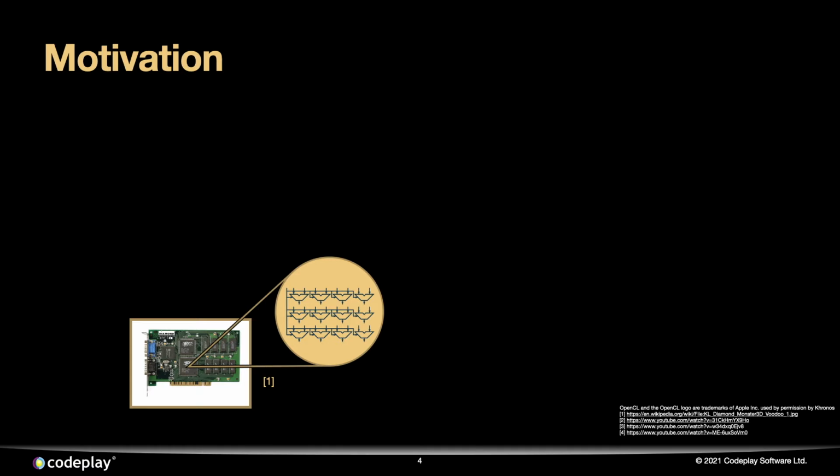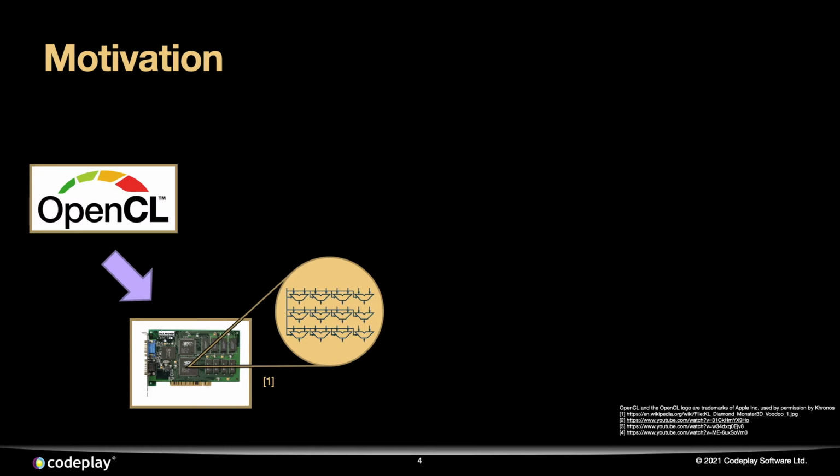So under the hood, and after some gross oversimplification, a GPU really is a way to do a lot of SIMD operations, that's single instruction multiple data. At some point, people realized that this type of computation was really useful for things other than graphics. As a result, the OpenCL API was developed, and this allows programming GPUs to do general purpose computation.